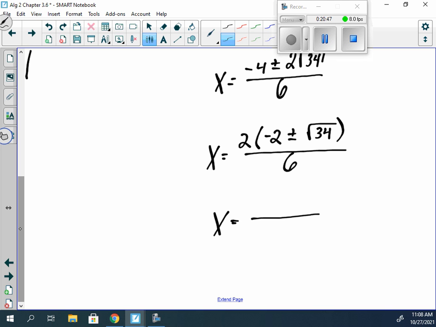Well, 2 over 6 will simplify, won't it? To what? 1 over 3, so we're really left with -2 plus or minus the square root of 34 over 6. Questions?